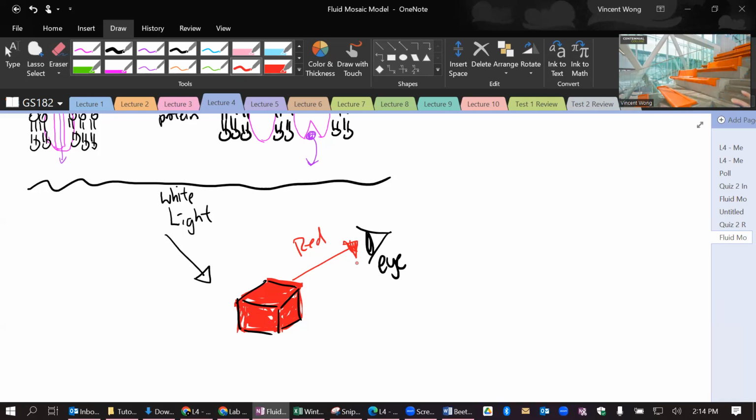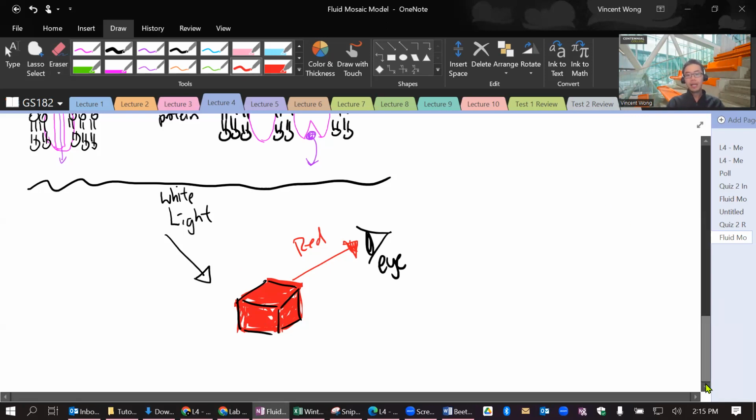Like this folder, which you cannot see on my virtual background, is blue because it's reflecting blue light. The leaves are green because they are reflecting green light. Whatever color something is, that's the color that is being reflected.